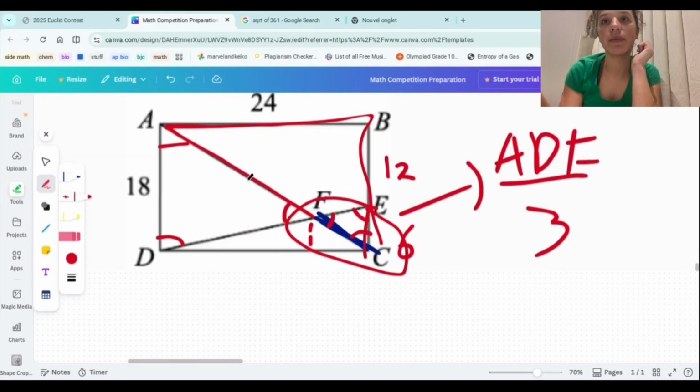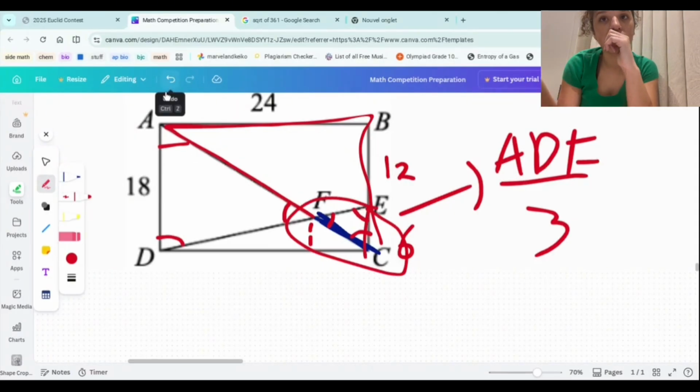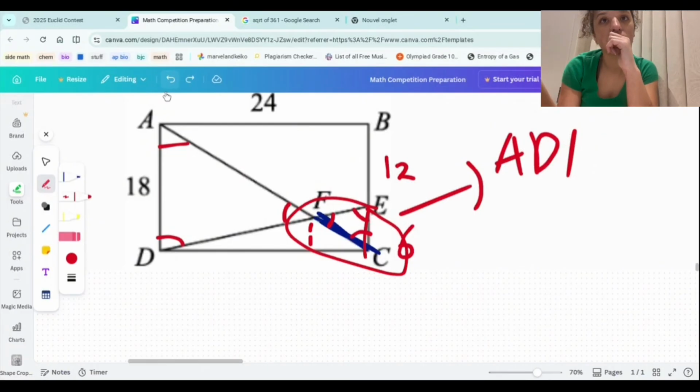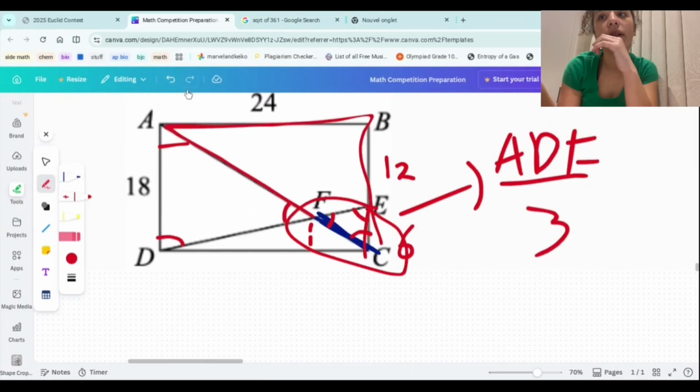so I'll use this triangle. So 24 and 12, I can find this hypotenuse and know that, so I don't know this side. Oh, this is a bit frustrating. Let's go back to the previous setup.